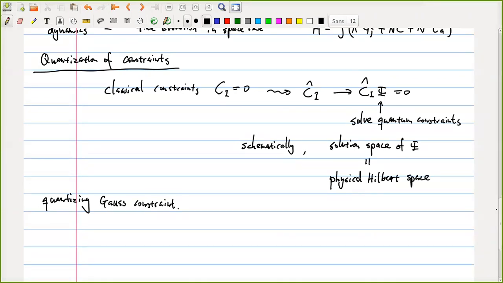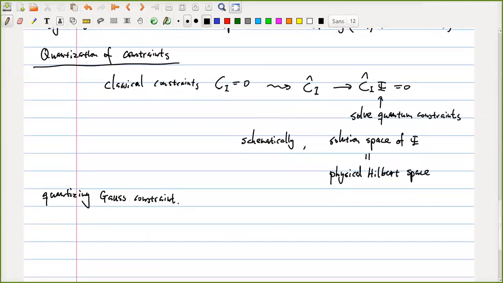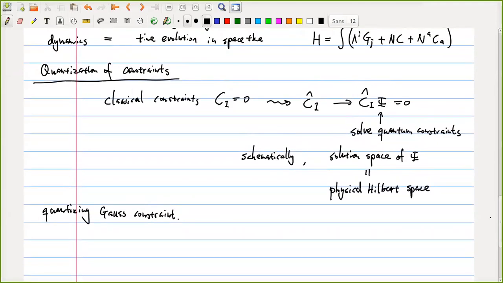Therefore we do the same thing for the Gauss constraint. Classically, the Gauss constraint is just D_A of E, and D_A is the covariant derivative associated with the Ashtekar connection.